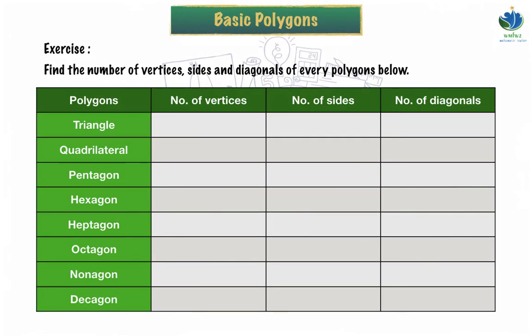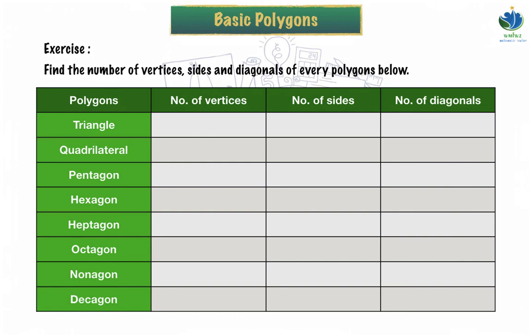Okay, next, I want you to try out this exercise. Find the number of vertices, sides, and diagonals of every polygon below. You may refer to the previous slide that I gave to you.